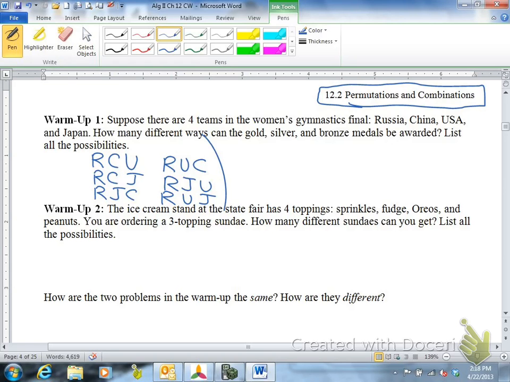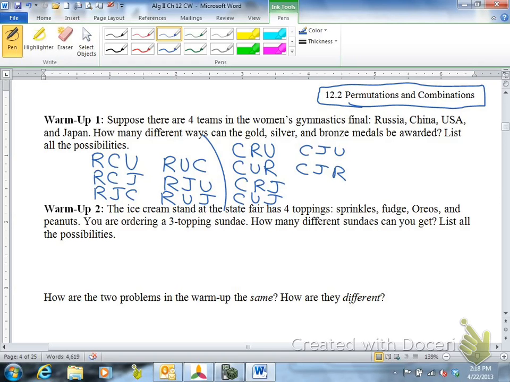So we'll say China, Russia, US. China, US, Russia. China, Russia, Japan. China, US, Japan. China, Japan, US. China, Japan, Russia. And that looks like that's all with China winning gold.